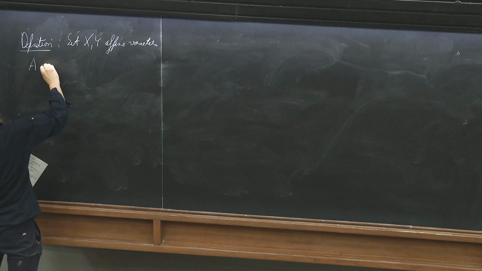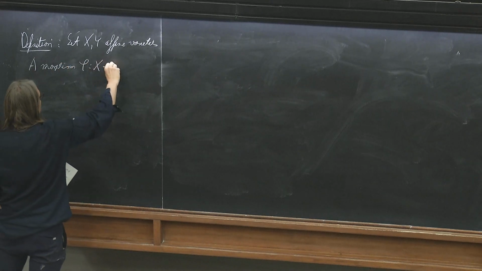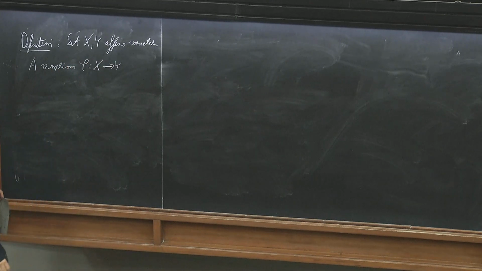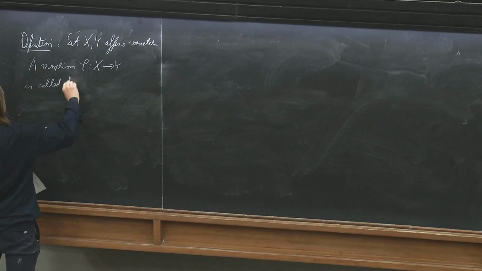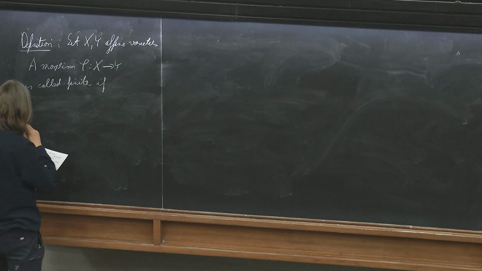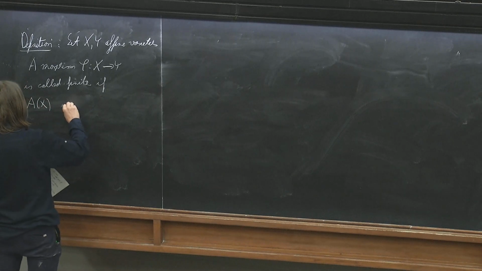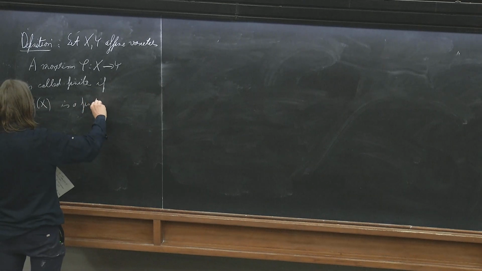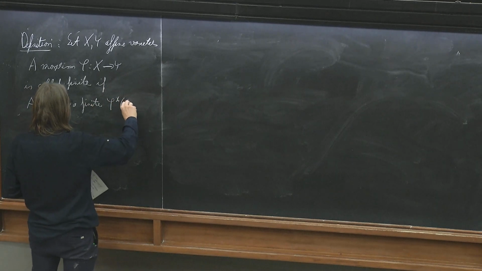A morphism phi from X to Y is called finite if A(X) is a finite phi star of A(Y) algebra.